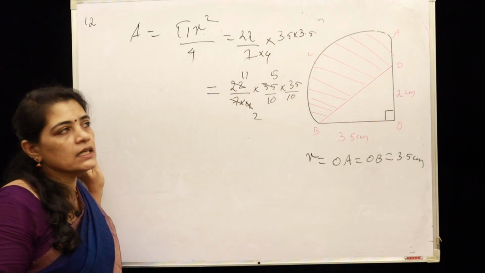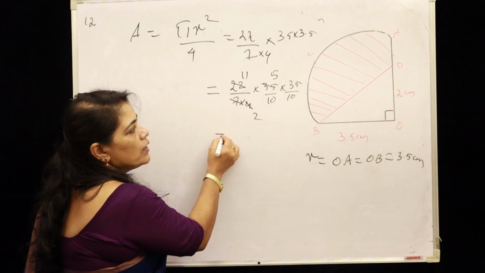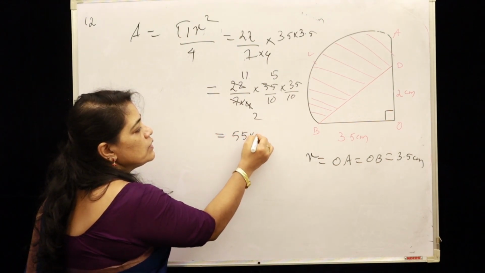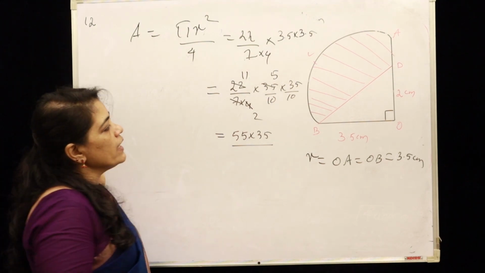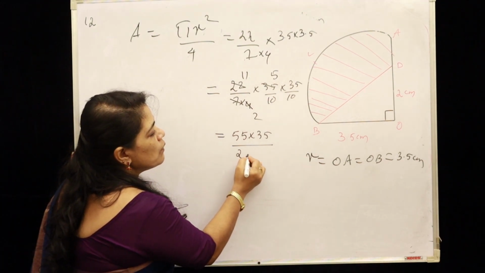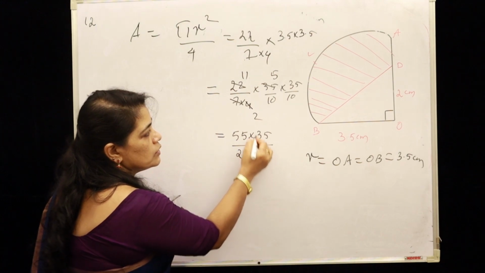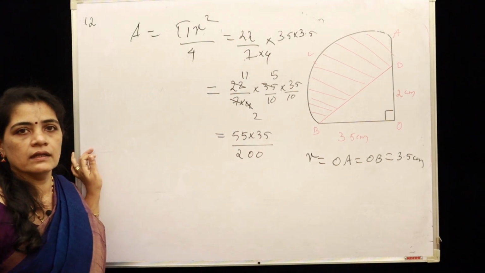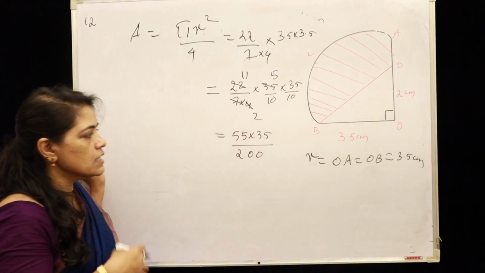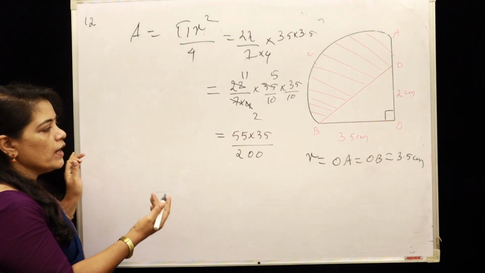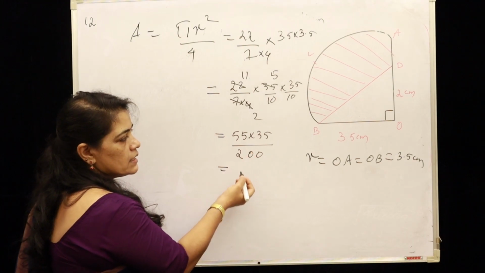7 5s are 35. And 11 into 5, 55 into 35 comes in the numerator, divided by 2 into 100, that is 200. 2 into 10 into 10, 100. Now in the next step we are going to simplify 55 into 35.